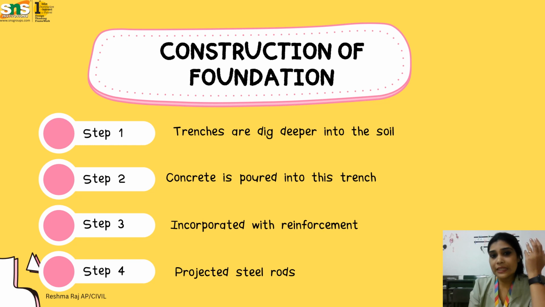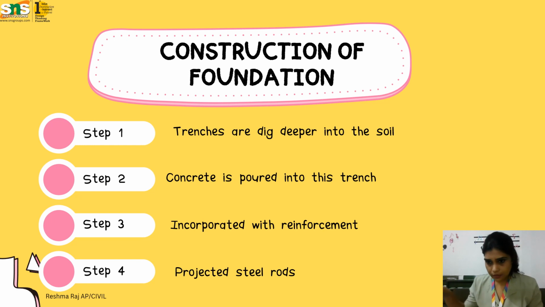Then there are the steps of how to construct a foundation. It is a very easy and simple procedure, which I'm showing in this slide. We have to excavate, digging trenches deep into the soil, and pour concrete into the dug trench.